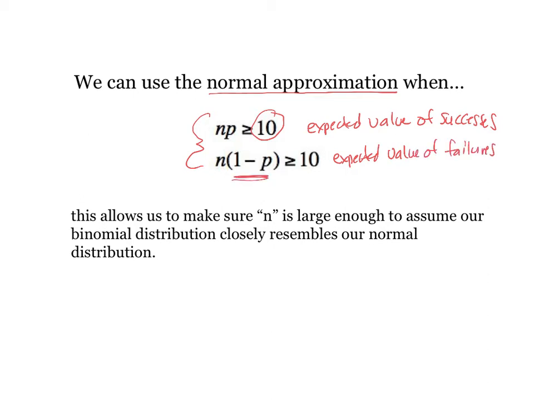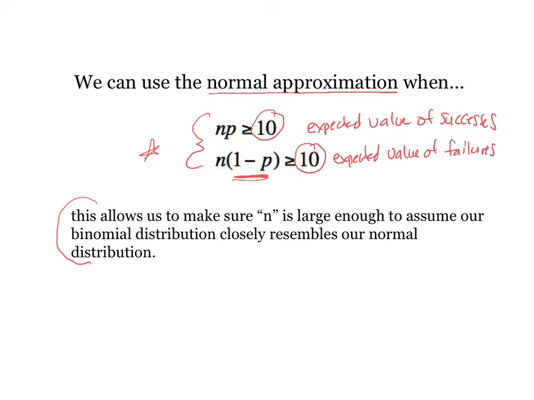So as long as we can expect 10 successes and 10 failures in our trials, then we can use the normal approximation to do a binomial problem, and our answers will be very similar to what they would have been if we treated it as a binomial. So this allows us to make sure n is large enough to assume our binomial distribution closely resembles our normal distribution. As we move forward in statistics, we're going to be using conditions a lot.